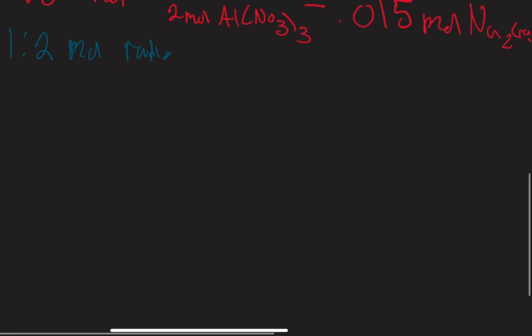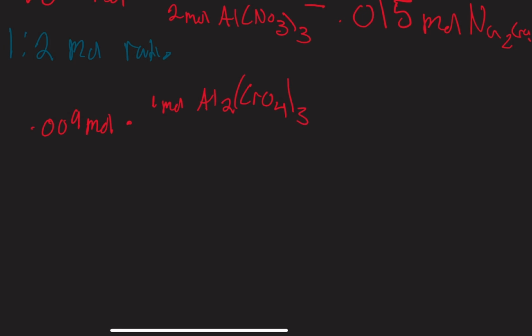And now we can start our next equation. We're going to write 0.009 moles times our mole ratio, which is 1 mole of aluminum chromate on top, and then 2 moles of aluminum nitrate underneath.